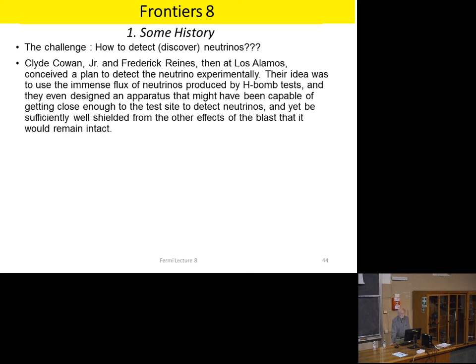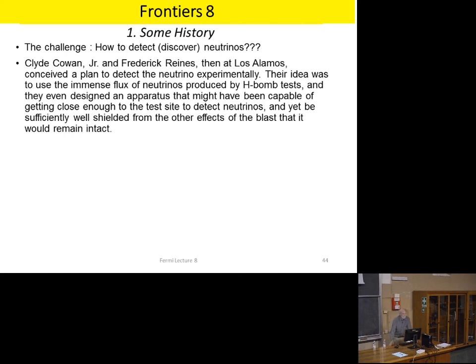They conceived a plan to detect these neutrinos experimentally, but their idea was to use the enormous flux of neutrinos that would be produced in the tests which were being done at that time of hydrogen bombs or atomic bombs.